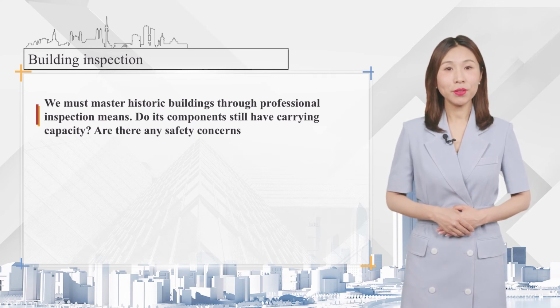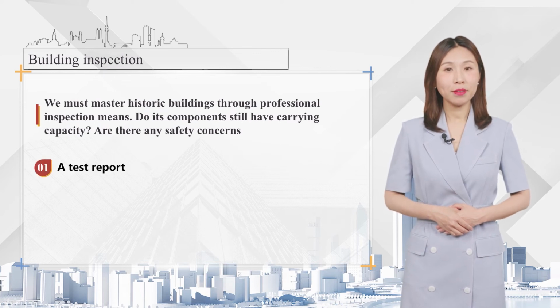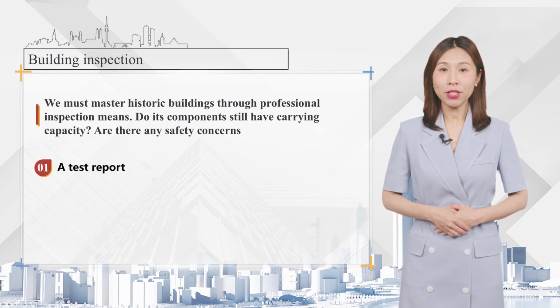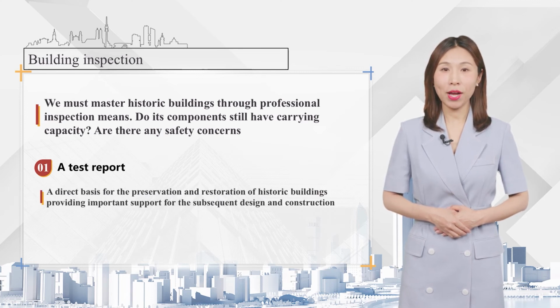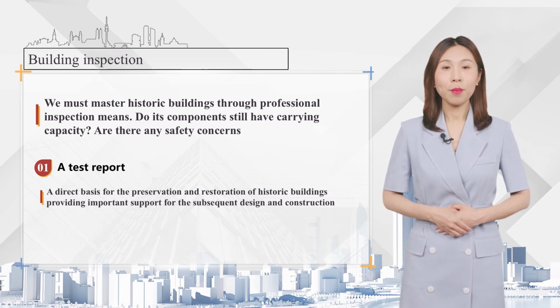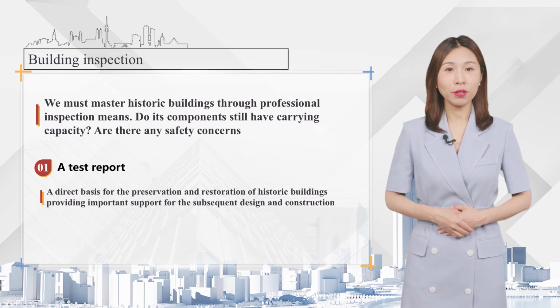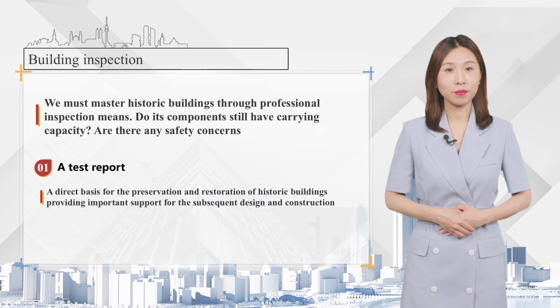Do its components still have carrying capacity? Are there any safety concerns? Such kind of questions. Generally speaking, the inspection agency will form a text report, which is a direct basis for the preservation and restoration of historical buildings, providing important support for the subsequent design and constructions.